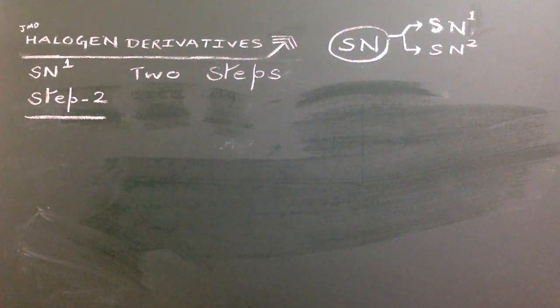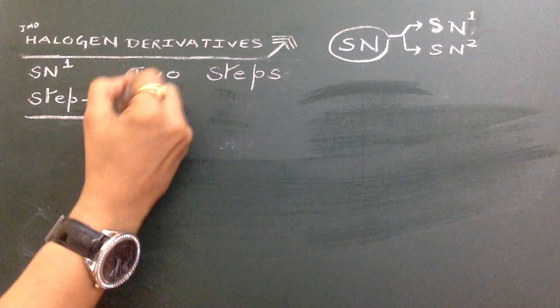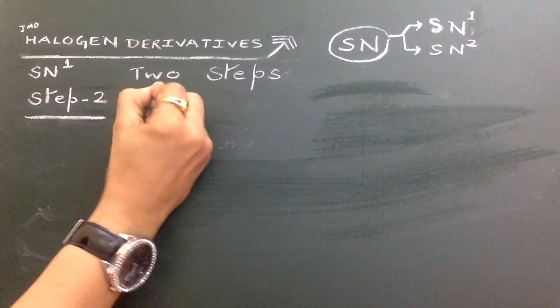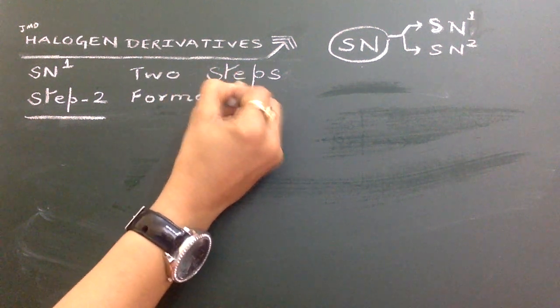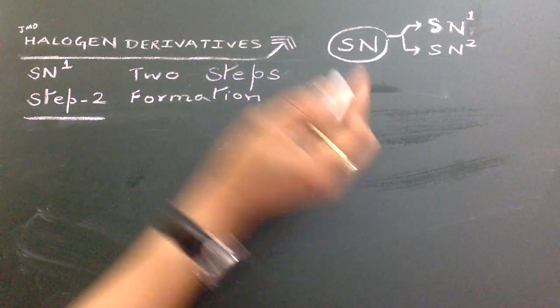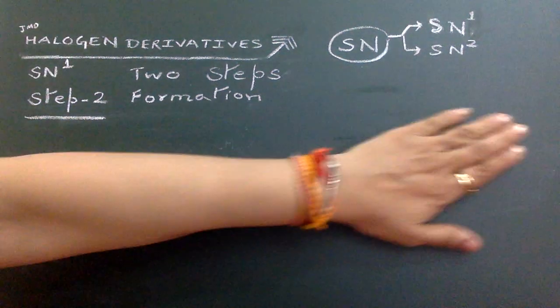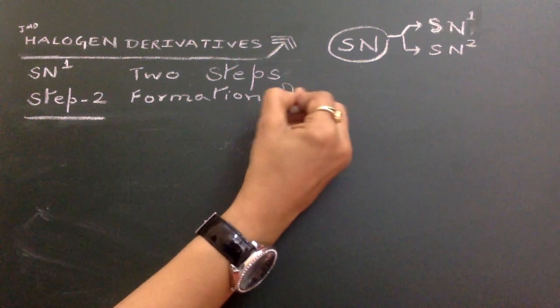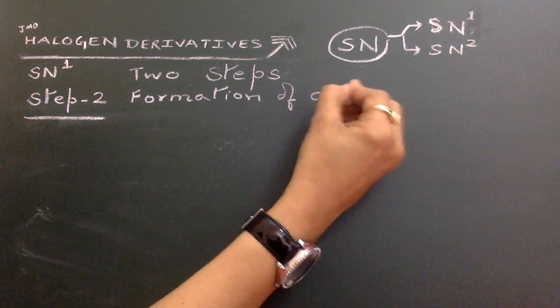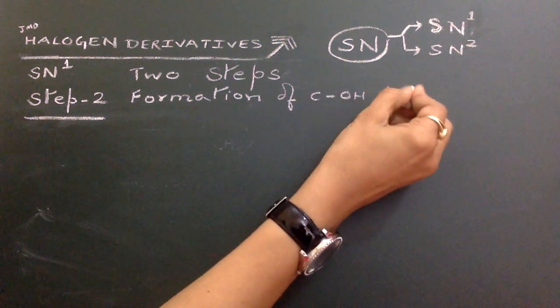Students, in the second step, there will be formation of a C-OH bond. As you know, in step 1 there was breaking of the C-Br bond and the carbocation was formed. Now what will the carbocation do? It will form a bond with OH. So formation of a C-OH bond, that is our second step.